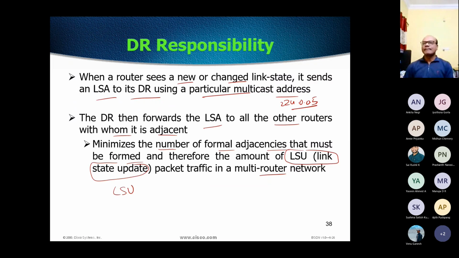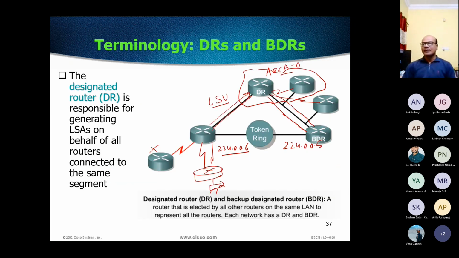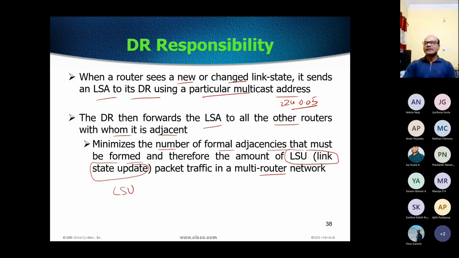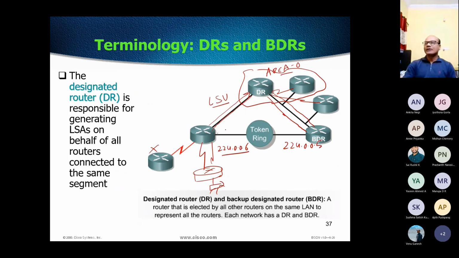Taj, can you explain one more time that diagram, the LSU, link state update? What are we talking about, guys? We minimize the number of formal adjacencies that must be formed, and therefore the amount of link state update packet traffic in a multi-router network where we are running a lot of routers in the organization.